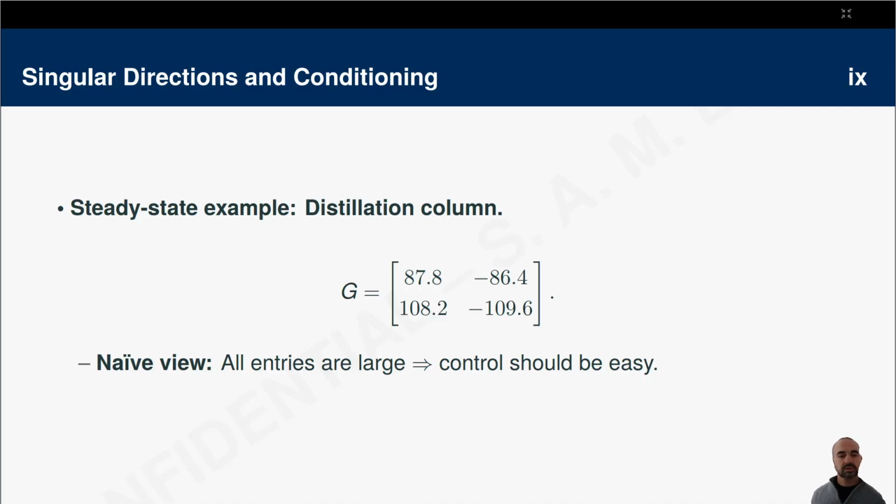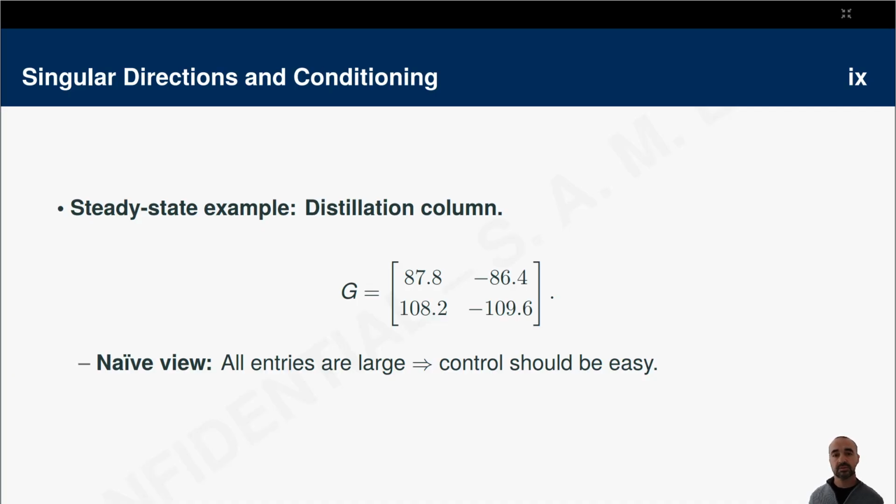All entries are large, so at first look you see that all entries are large, and then control should be easy, right? Because you already have all these large entries. Essentially it responds properly to your input. That's what you expect.